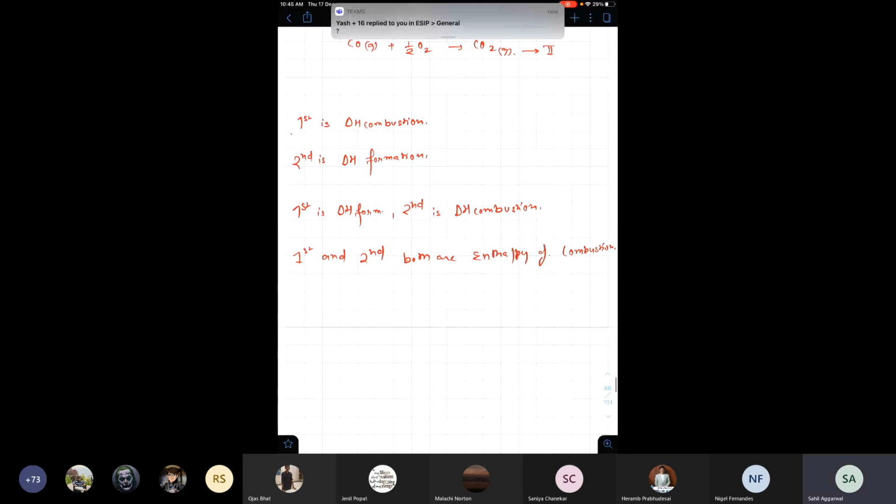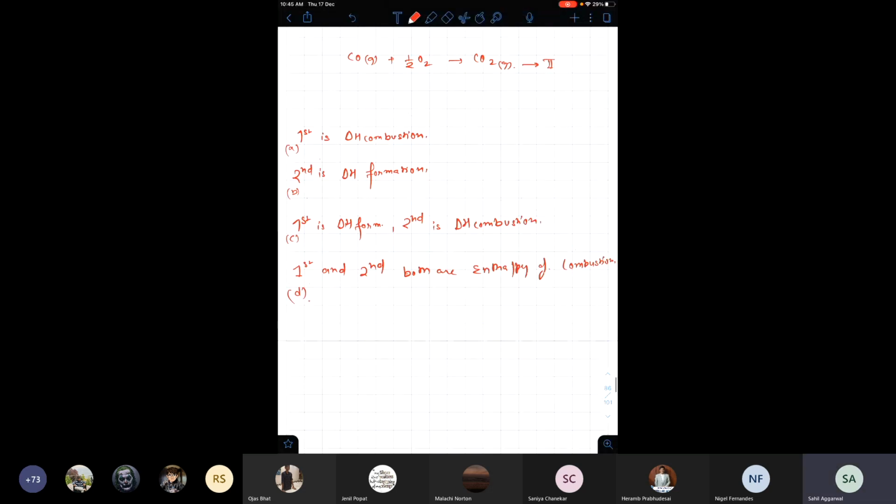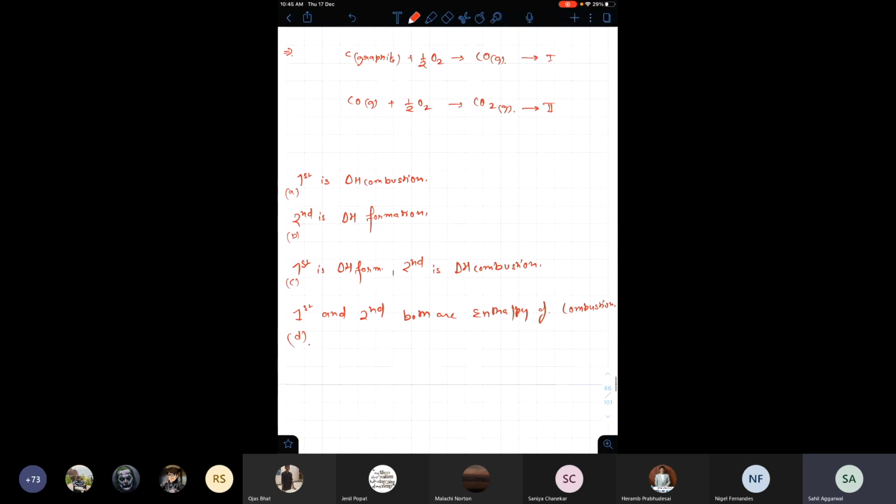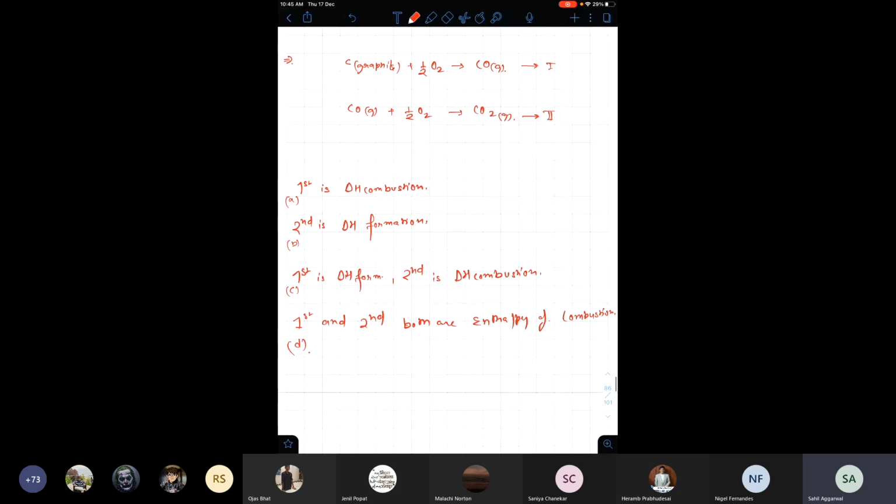Which one should it be? Yes, Gaurav, you can't see the screen.